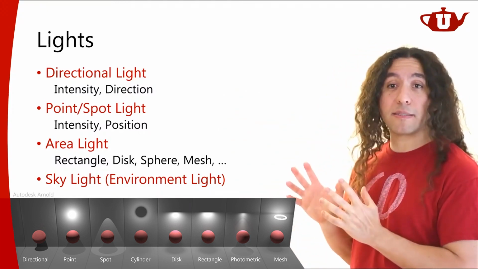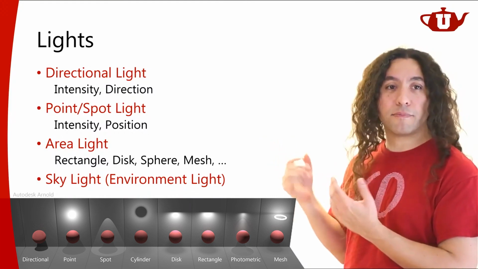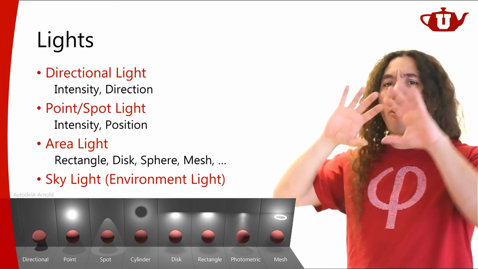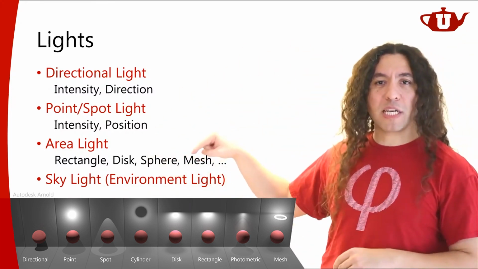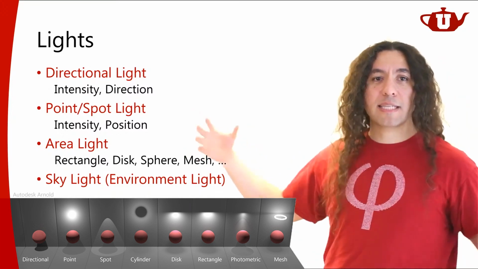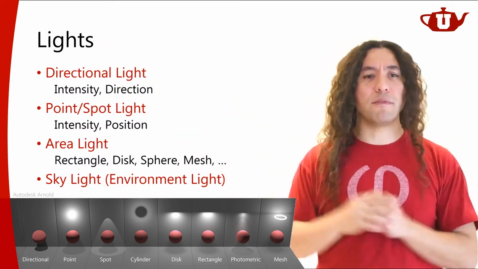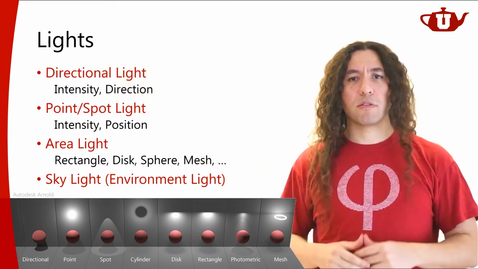And that type of light can be represented using what we call a skylight or an environment light. So that's going to be the light coming from all directions. It's not coming from specific objects per se, like this mesh light. It's coming from directions that are far, far away, going all the way to infinity. And they're coming from all directions.